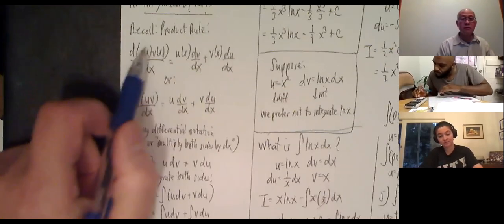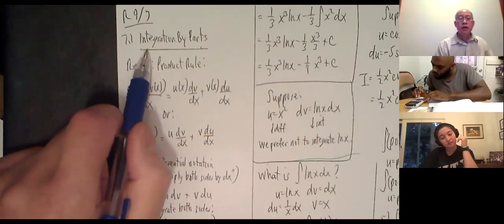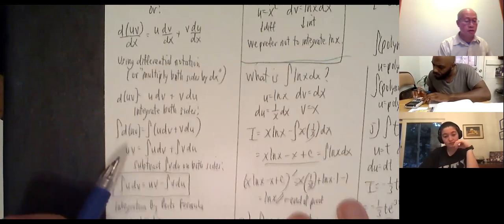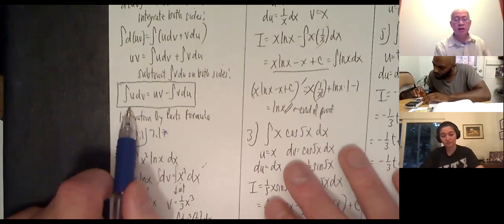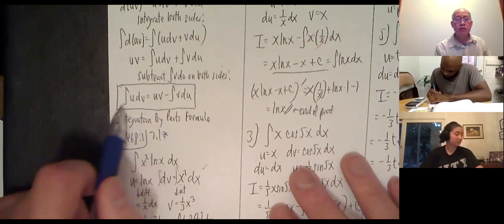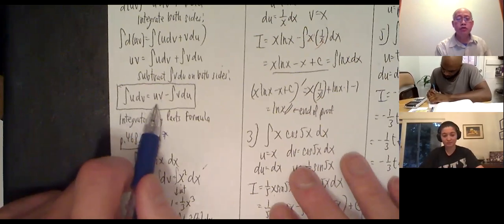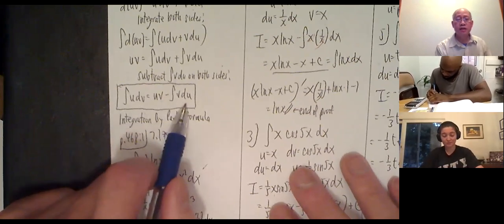All right, so 7.1, integration by parts, once again. The formula that you want is this. Put it on your cheat sheet. Integral of u dv equals uv minus the integral of v du.